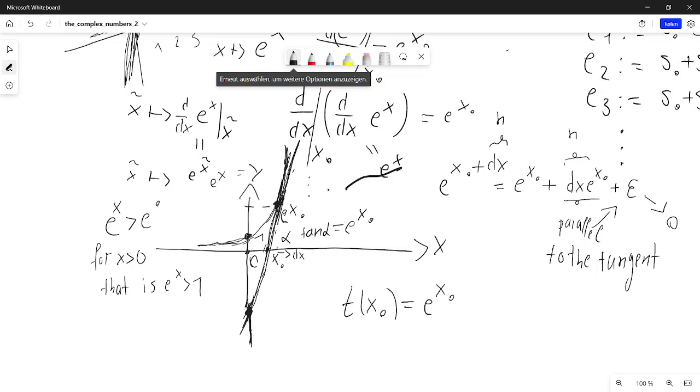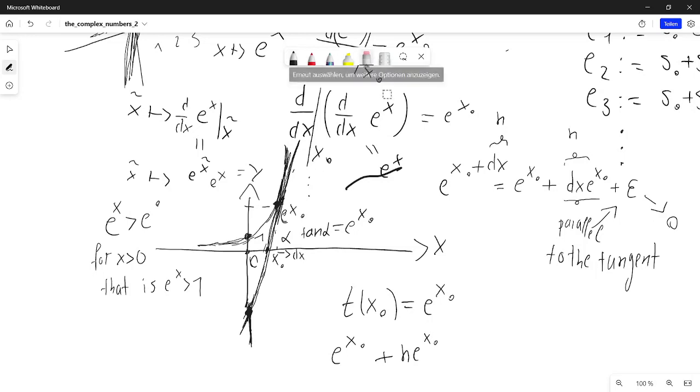Right. So if we have that, then we just have e^x0 plus h e^x0. Actually, this is a point x0, right? So we know that the tangent at x0 is x0. So we have to plug it in.